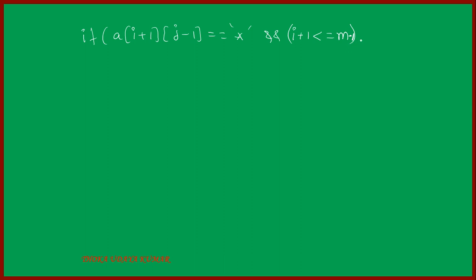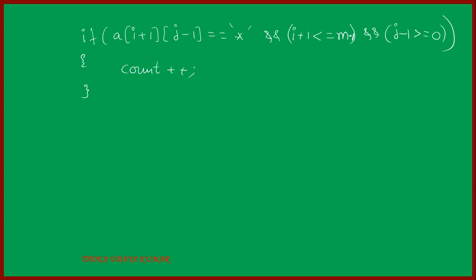And j minus 1 must be greater than or equal to 0. So this is the case. Increment the count, count plus plus.